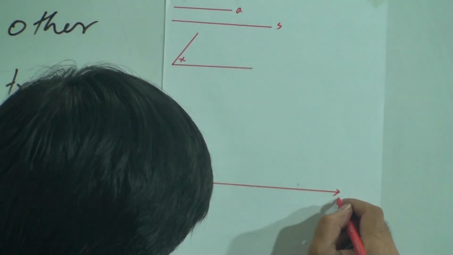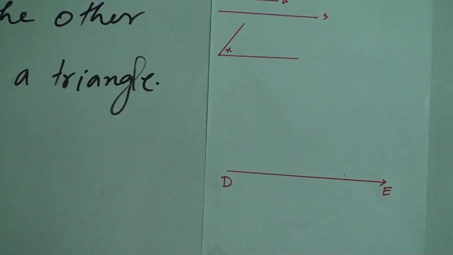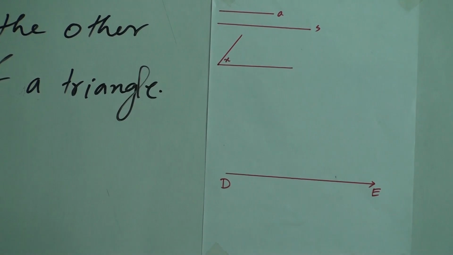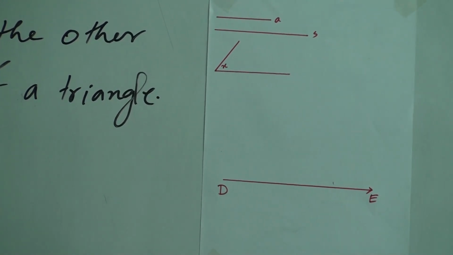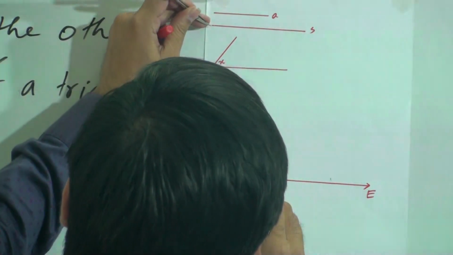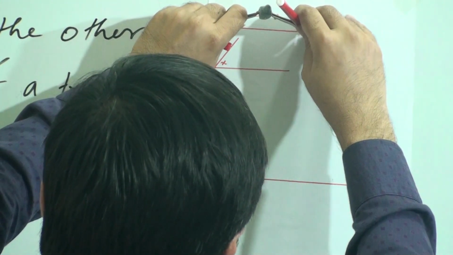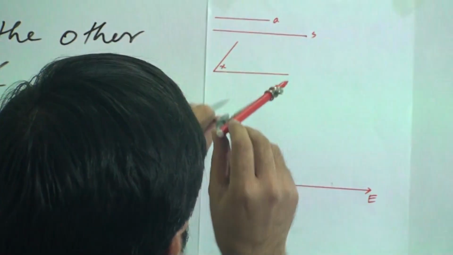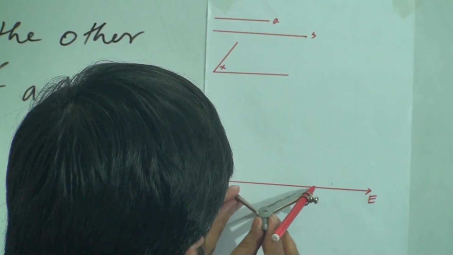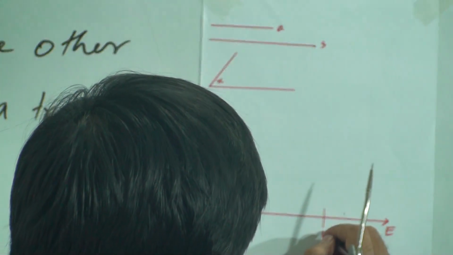So consider a ray DE. At first take the sum of the lengths of the two sides of the triangle from DE. Measure the length with the pencil compass and cut from DE. Suppose this is DB.